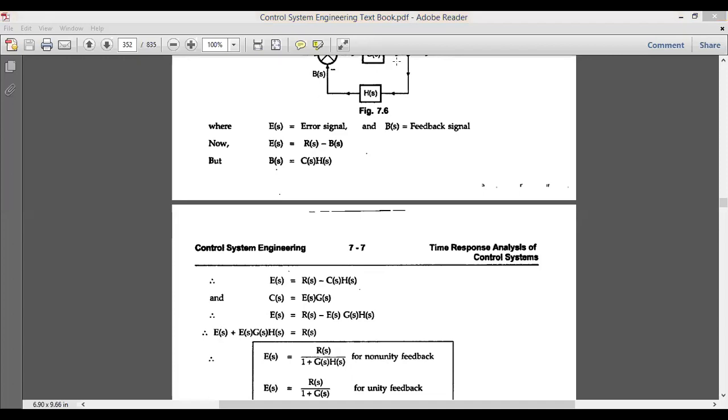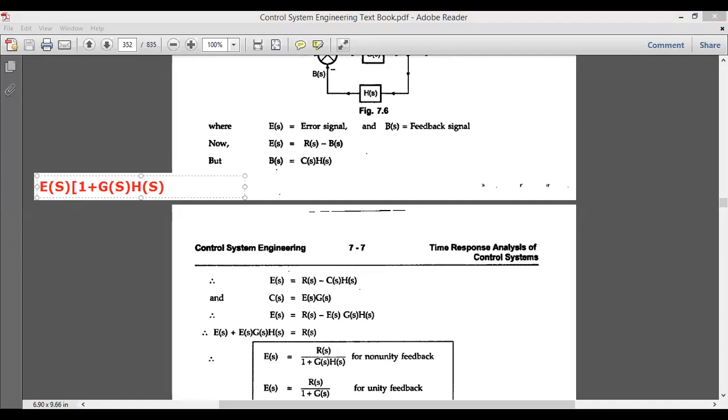It becomes E of S multiplied by 1 plus G of S multiplied by H of S.